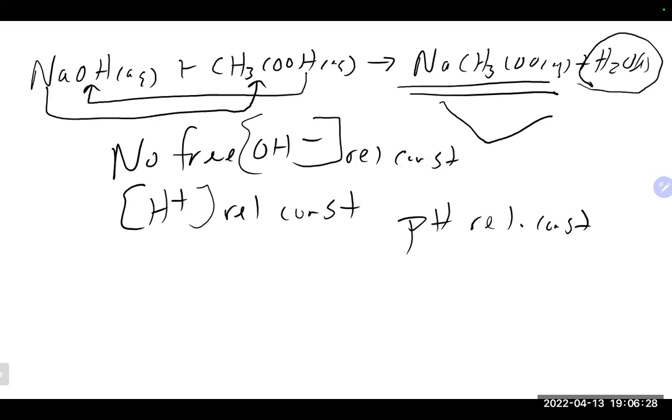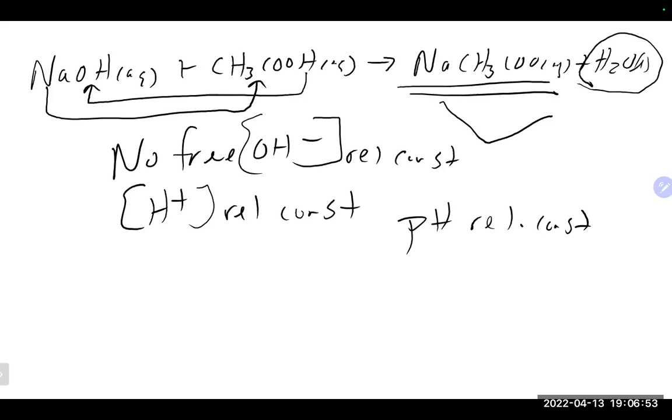I say relatively because you will see a little bit of movement, but overall the concentration of the H plus will remain the same. So really the way a buffer works, as I end it really quickly, sorry, is that because it has both the acid part and the base part, when you add additional acid, it prevents the formation of free H plus in that solution, which would make the pH go really crazy.